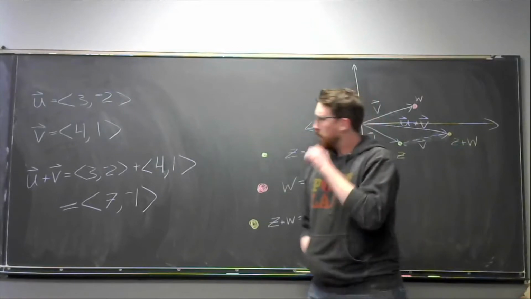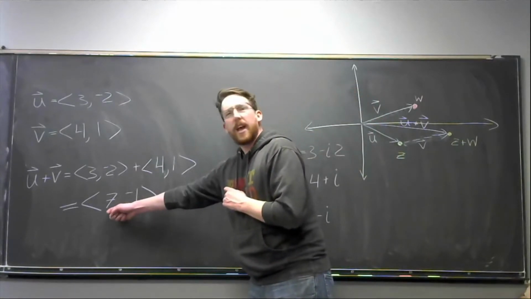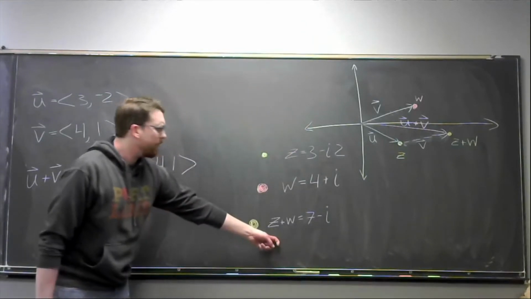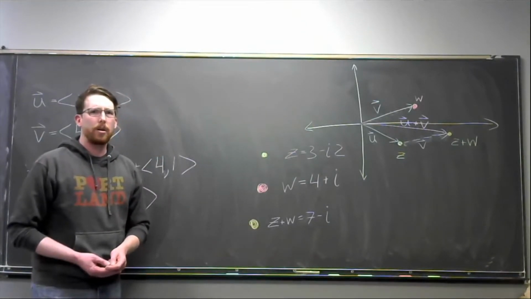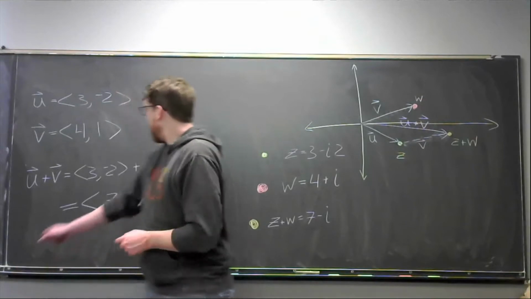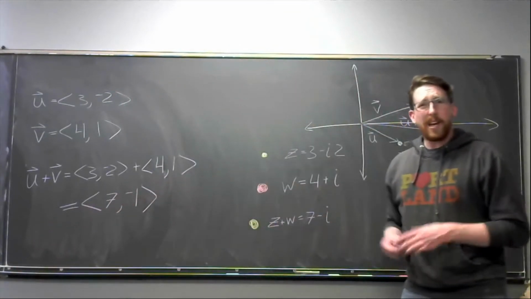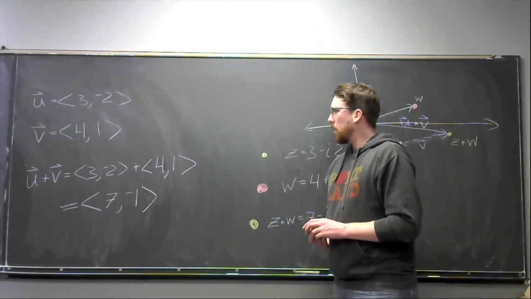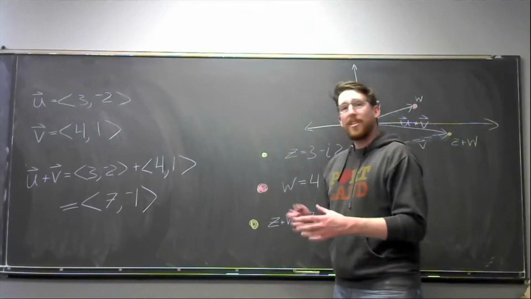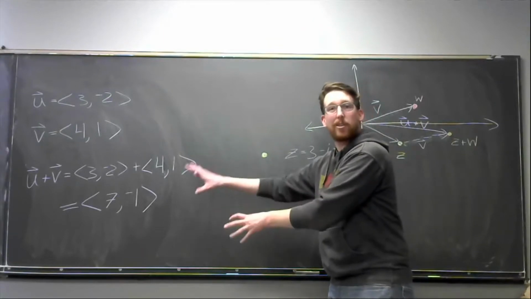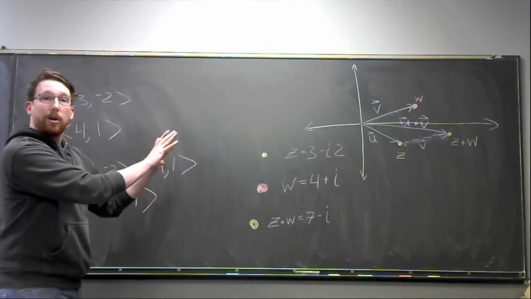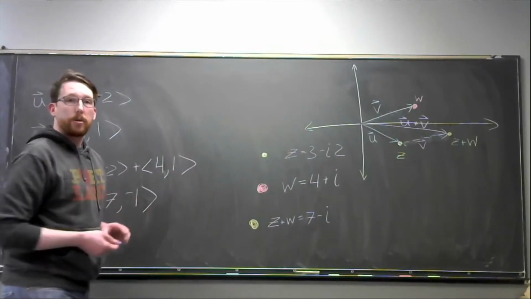Wait a minute. This is the A value, this is the B value of z plus w. And that thing I can rewrite using sine and cosine. And in the same way you can rewrite vectors using sine and cosine, you can rewrite complex numbers using sine and cosine.